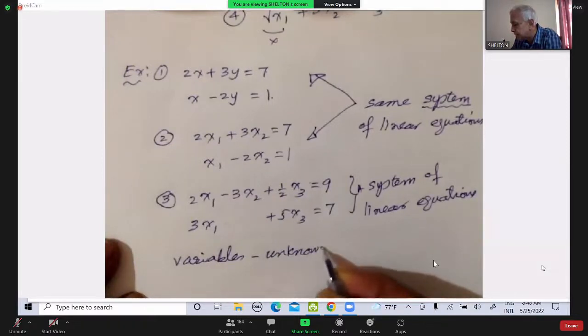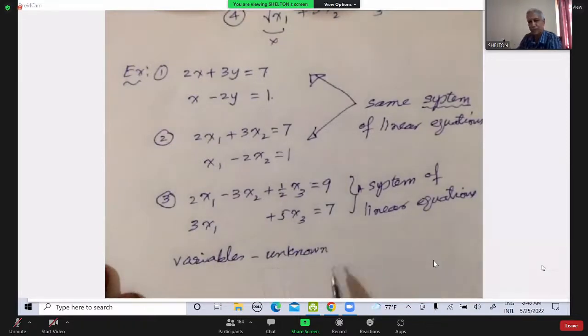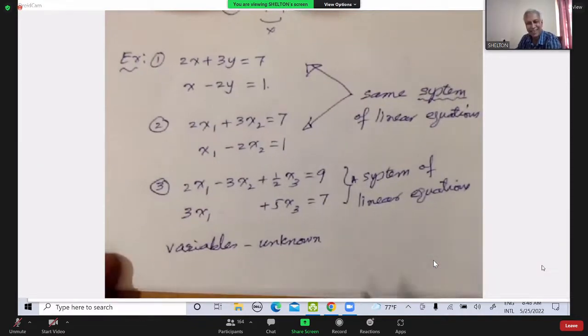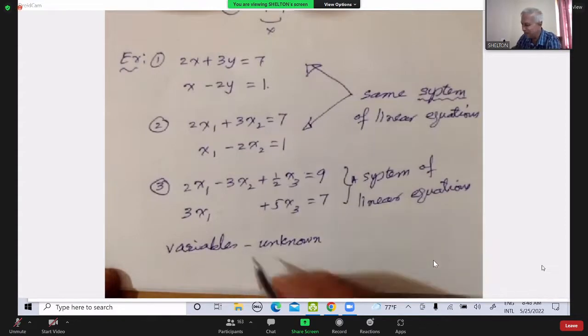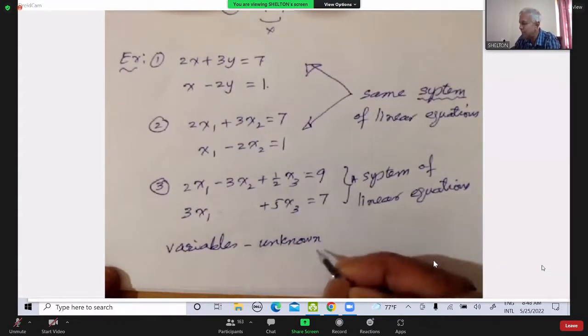If I say it in singular, unknown. Variables, in Tamil also it must sound similar. Variables are also called unknowns. Variables, unknowns.